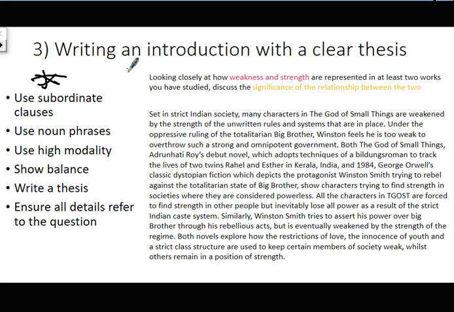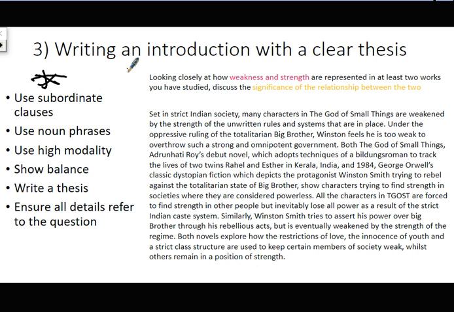So, set in a strict Indian society, many characters in The God of Small Things are weakened by the strength of the unwritten rules and systems that are in place. Under the oppressive ruling of the totalitarian Big Brother, Winston feels he is too weak to overthrow such a strong and omnipotent government.